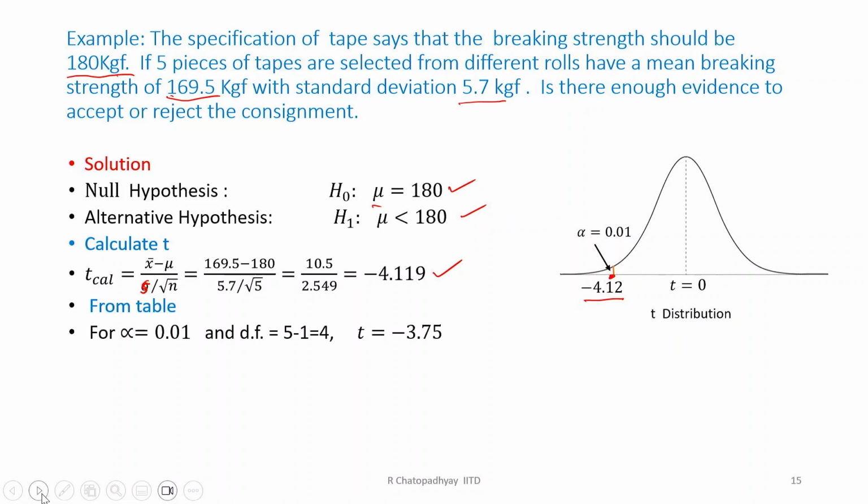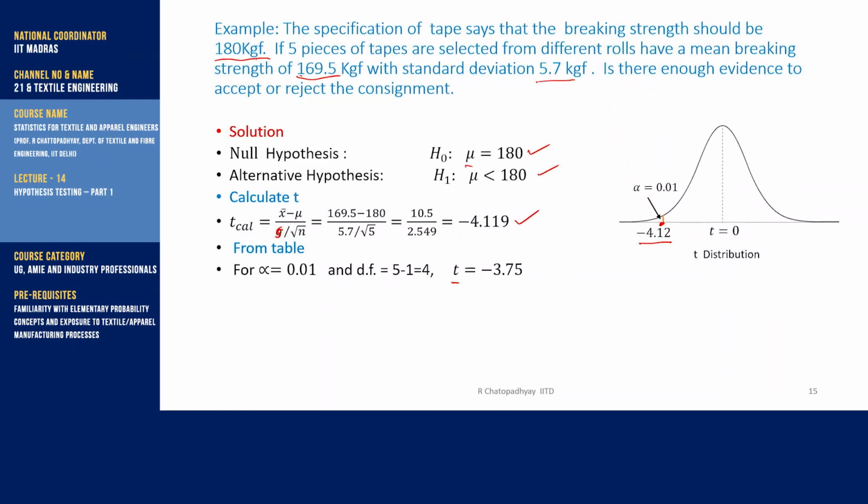From the table, for 1% level of significance, which means 0.01, we find the value of T. But if you consult the T table, you will find there is a degree of freedom column also. So you have to know the degree of freedom in this case. Without degree of freedom, we will not be able to find the T value. So in this case, degree of freedom df is 5 minus 1, that is 4.